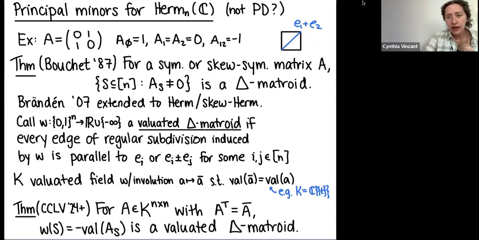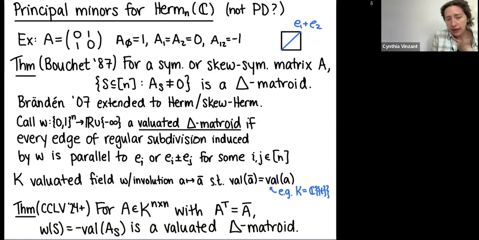We were interested in trying to tell a valuated version of this story. Analogously with matroids, if we have a function on the 0, 1 cube, we could call it a valuated delta matroid if, when you look at the regular subdivision induced by W on the 0, 1 cube, every edge is parallel either to EI or EI plus or minus EJ for some I and J.